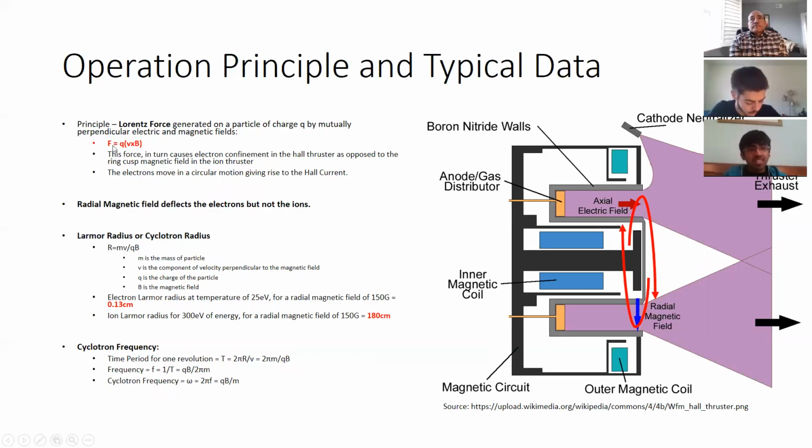The force F equals q v cross B, so v cross B gives the direction of the force, which is in the azimuthal direction. By azimuthal, I mean the tangential direction, which generates the force to drive the electrons in a circular pattern.